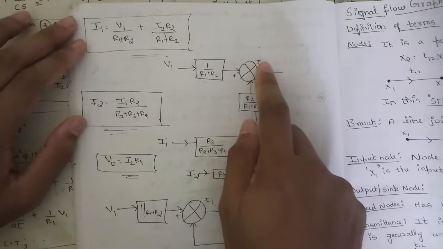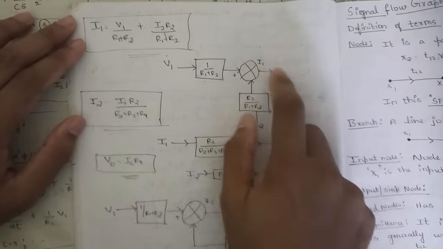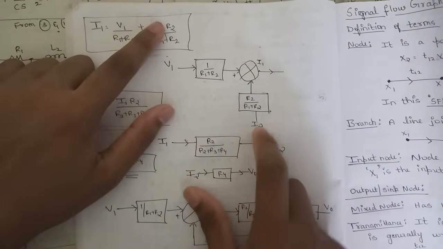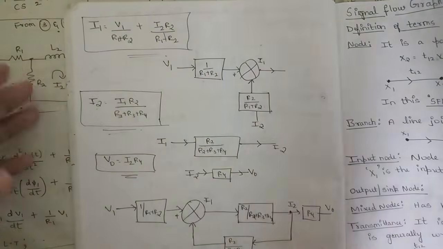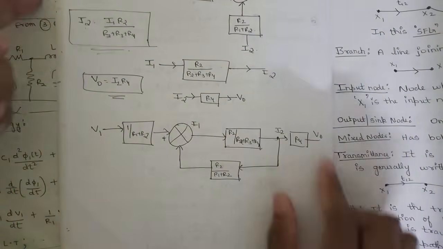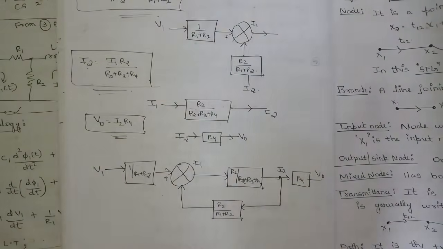These both would be getting summed up, and this we should name as I1, which is on the output side here. Then this is I2, which is getting multiplied, and V1 is getting multiplied. Similarly for all these three equations, try to write the final block diagram. So this kind of question would definitely be asked.